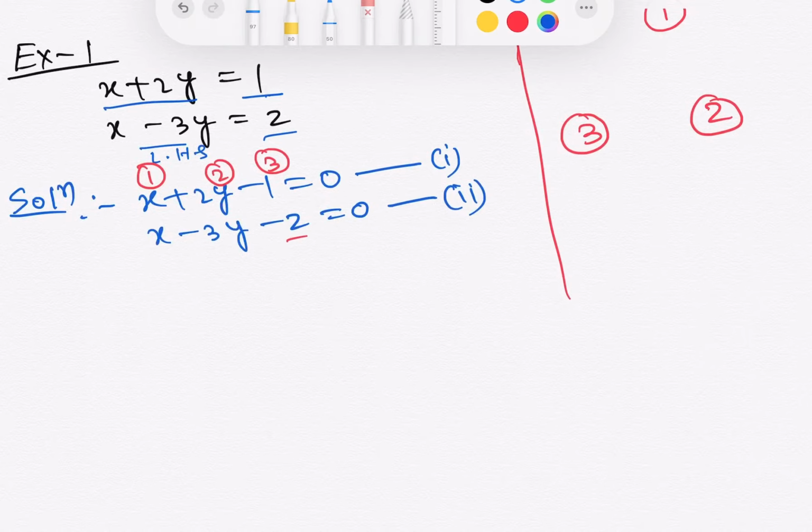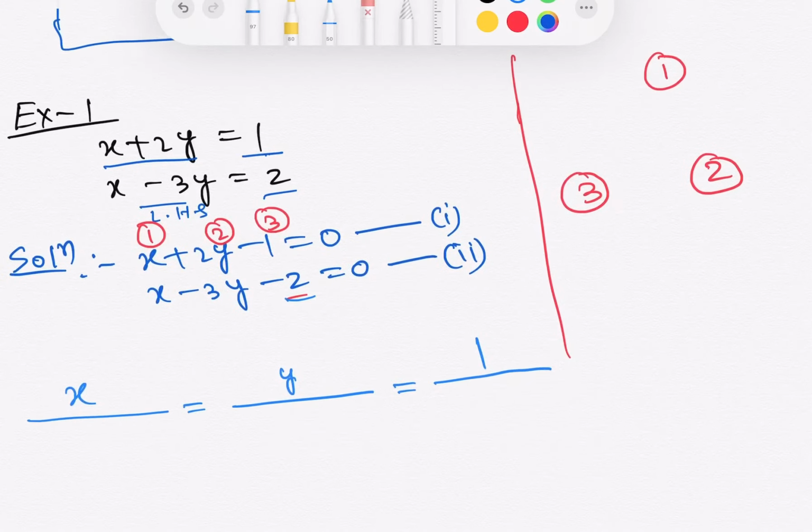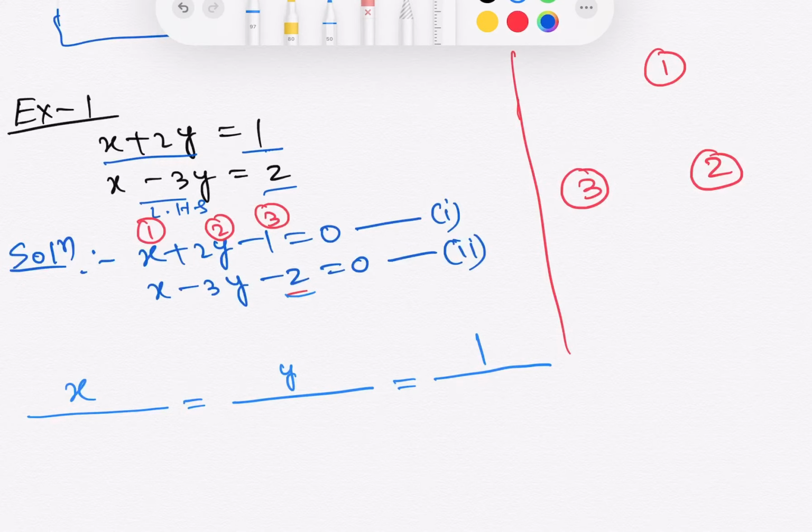In the main calculation you write this way: x divided by, equals y divided by, equals, for the constant part, 1 divided by. Here we know that 1 represents x, 2 represents y and 3 represents the constant portion.